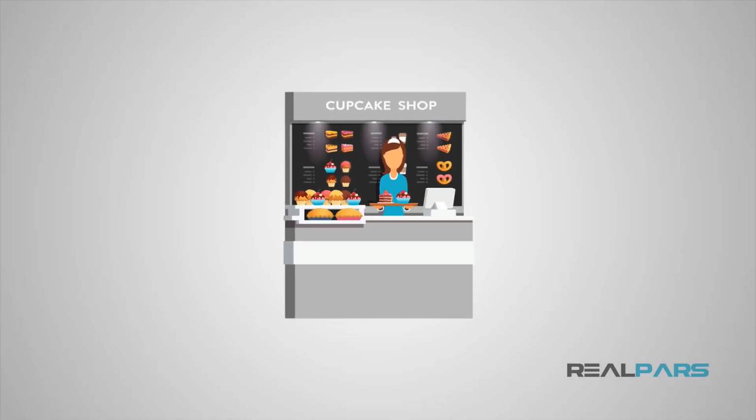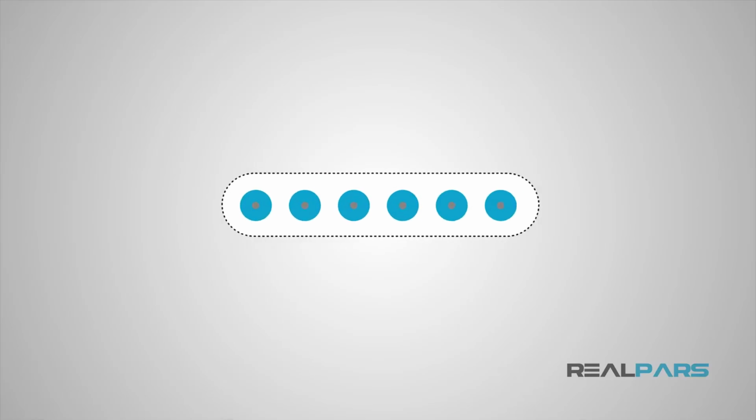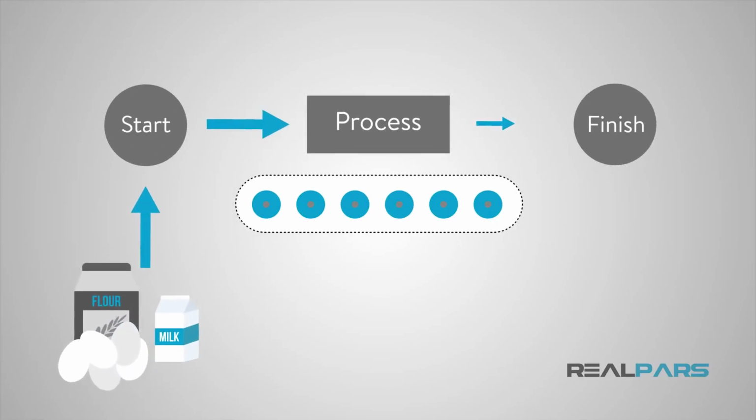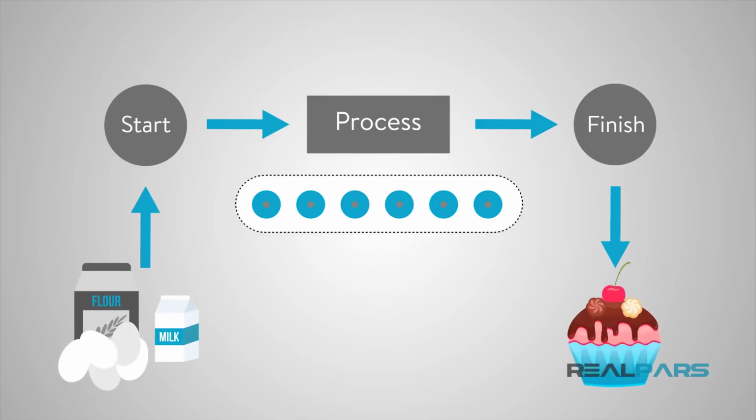For instance, let's say that you're going to start a cupcake business and you want to make your own cupcakes. To make the cupcakes, you'll need a manufacturing process, where all the necessary ingredients come in as the input and a delicious cupcake comes out as the output.